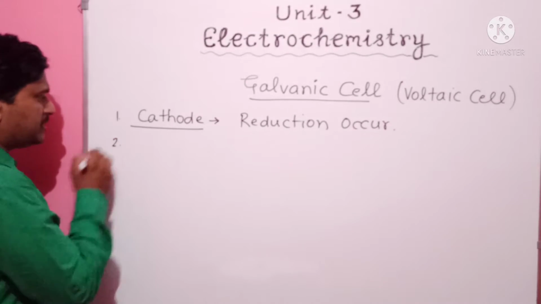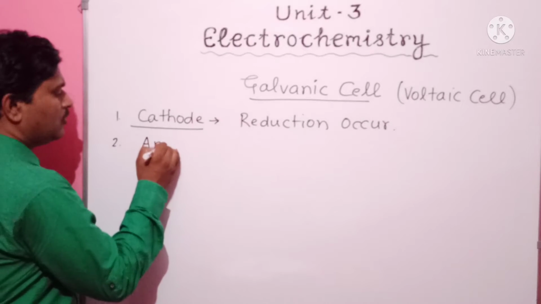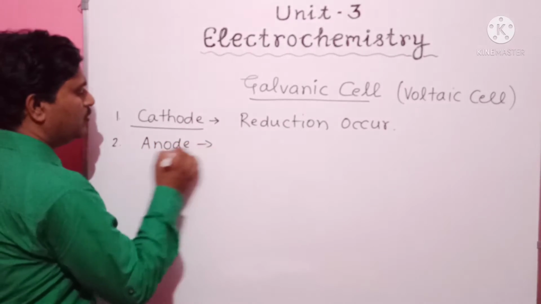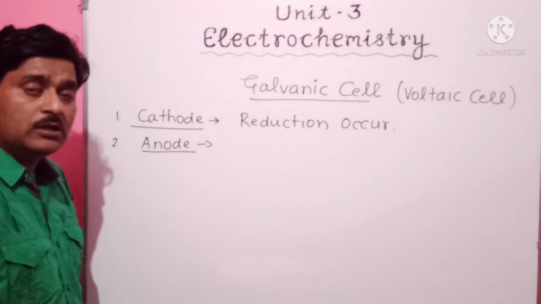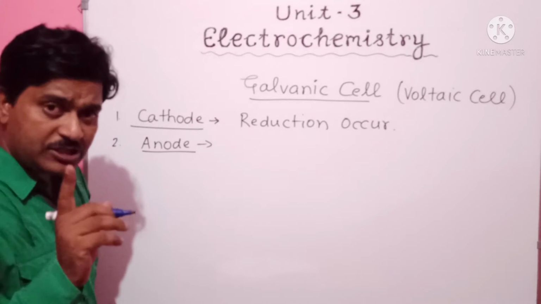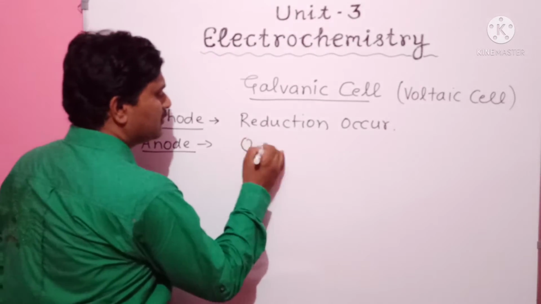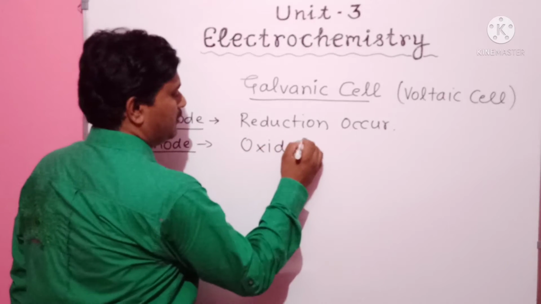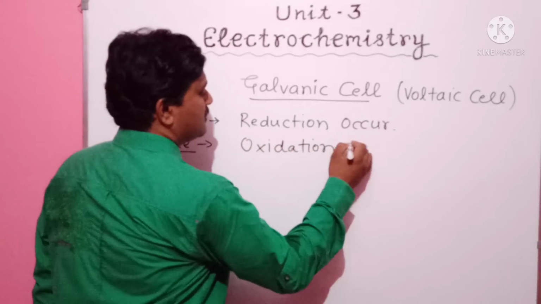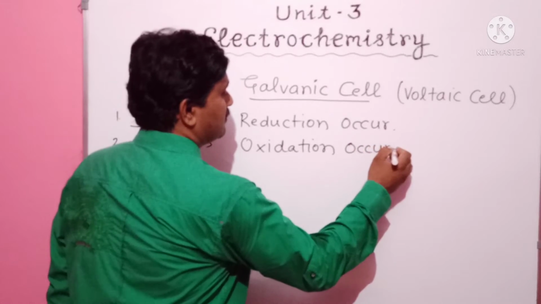Similarly, its opposite, the anode. What will be the anode? The electrode at which oxidation occurs is called the anode.